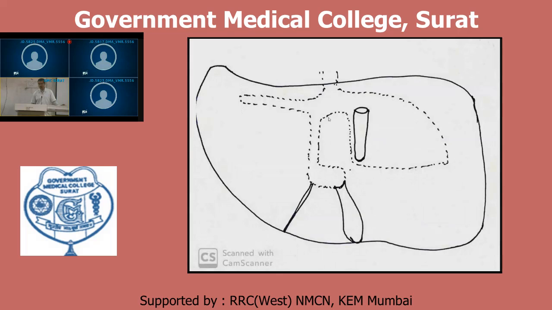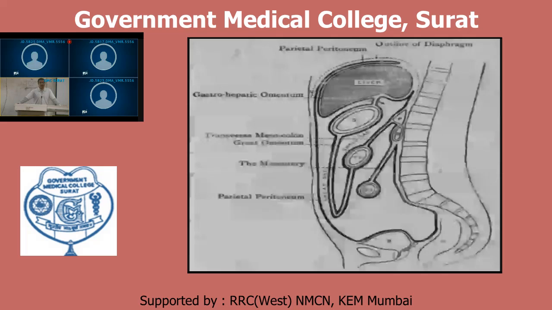Now from this liver you can trace. If you trace anteriorly from the anterior surface of the liver, this peritoneal reflection goes toward the posterior surface of the anterior abdominal wall.